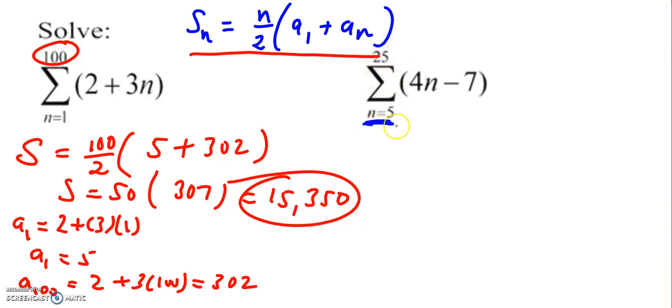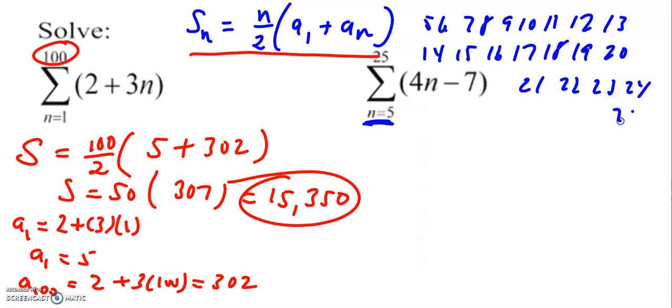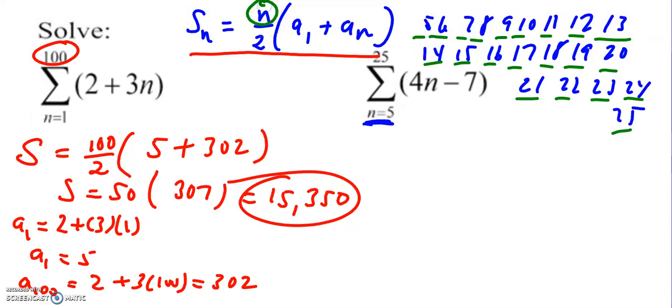A lot of you might be thinking that there's 20 terms, but if we count the number of terms, 5, 6, 7, 8, 9, 10, 11, 12, 13, 14, 15, 16, 17, 18, 19, 20, 21, 22, 23, 24, 25. That is 1, 2, 3, 4, 5, 6, 7, 8, 9, 10, 11, 12, 13, 14, 15, 16, 17, 18, 19, 20, 21 terms. So this time n would be 21.